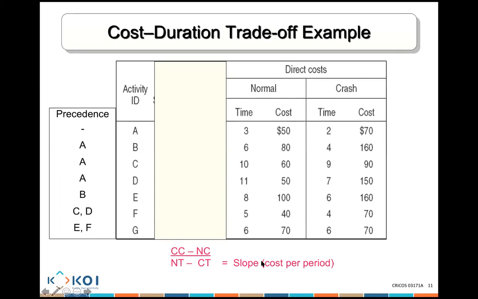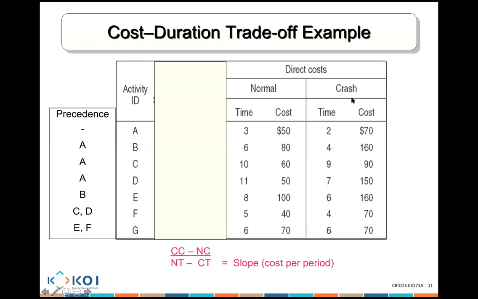No worries. So the slope is how much it is going to cost you every time you crash an activity. If I crash A, how much is it going to cost me per day? To calculate it, you see this: crash cost, CC, minus normal cost, NC.